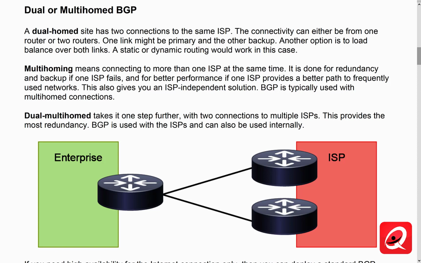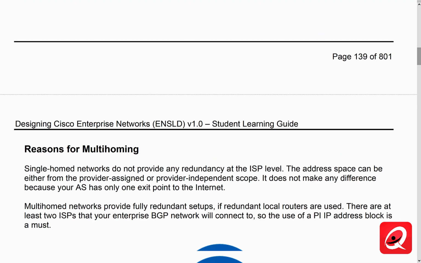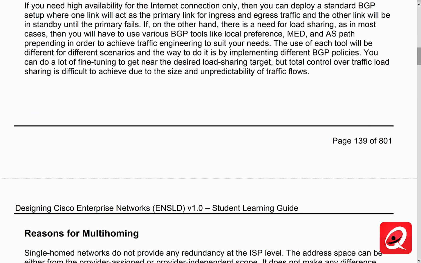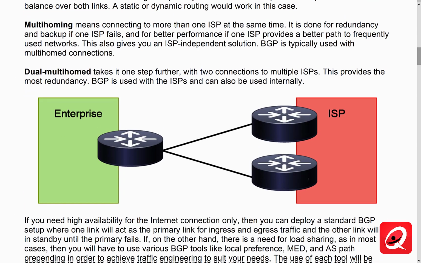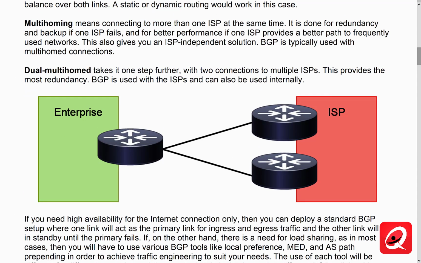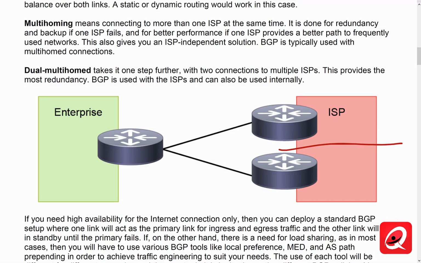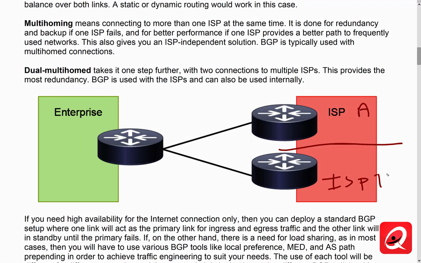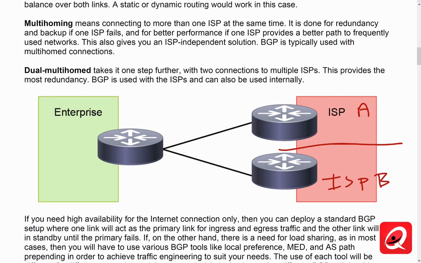Dual multi-homed means that we have 2 connections to multiple ISPs. I don't know if they actually have diagrams that show that. No, they don't. But dual multi-homed would look something like this, where I would have, say, ISP A and ISP B. So that would be a multi-homed scenario.